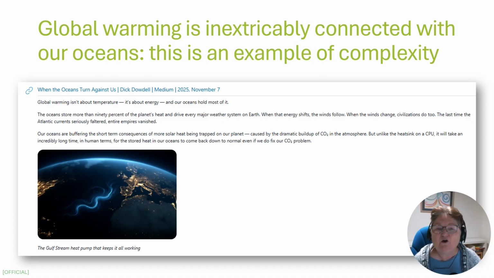We already know that it's affecting fish spawning and coral reefs and all sorts of things like that, and water levels, ocean levels. But if it starts to affect the currents, then we don't actually know exactly what's going to happen. It's a complex system and close to a tipping point.